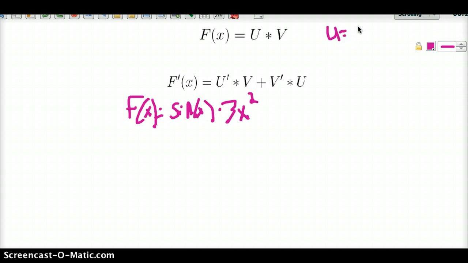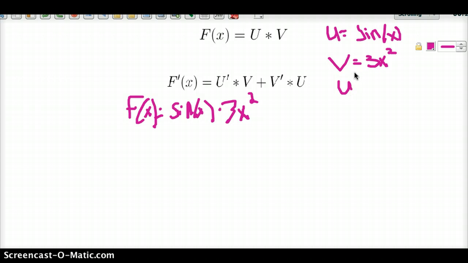So u can be the sine of x, and v can equal 3x squared. As you can see, for the derivative formula, we're going to need to be taking the derivative of u and the derivative of v. So we may as well do that now.